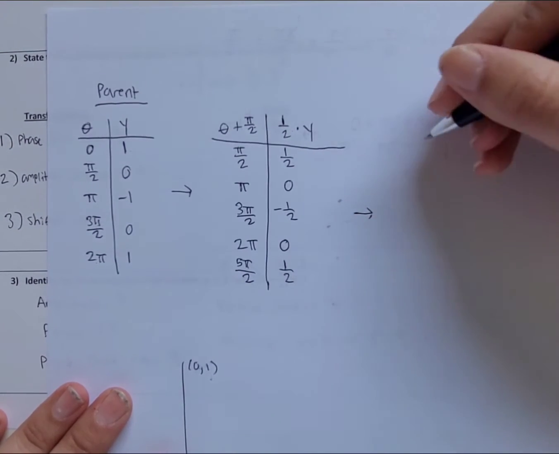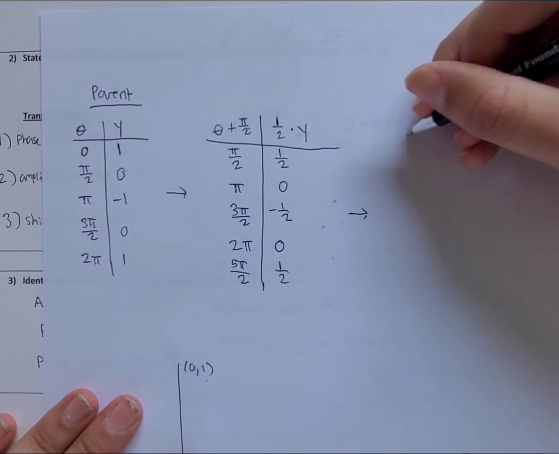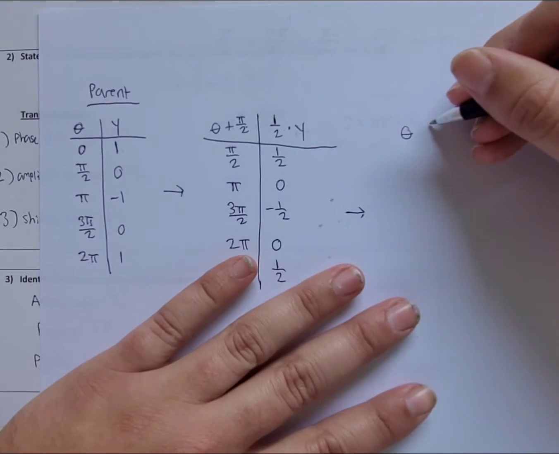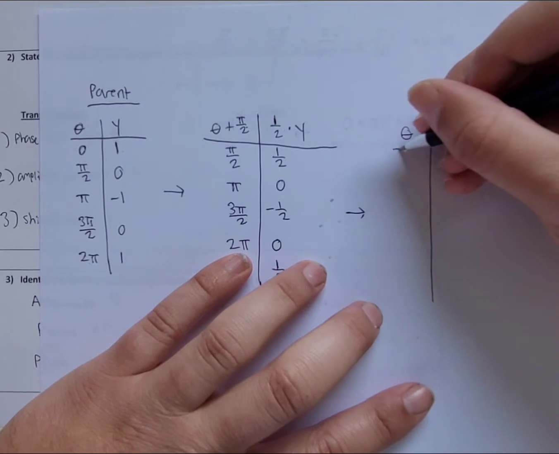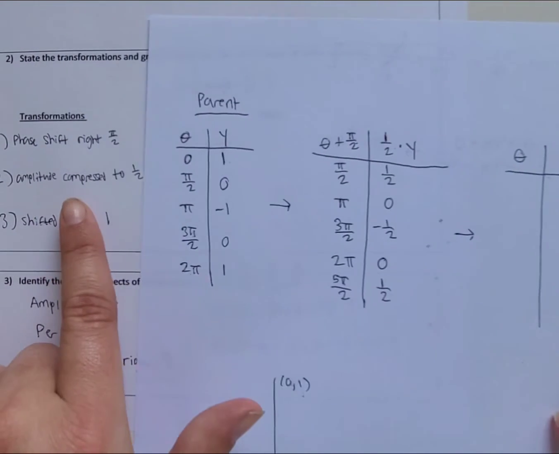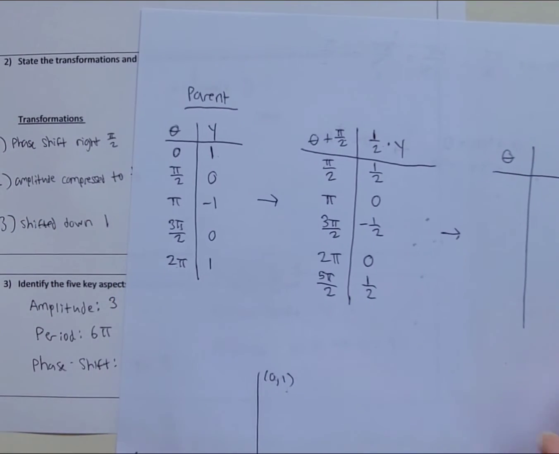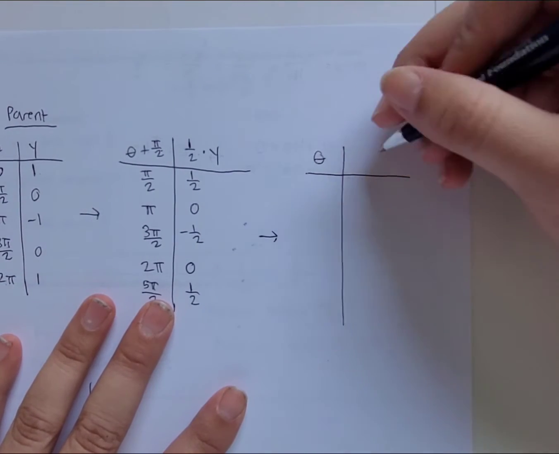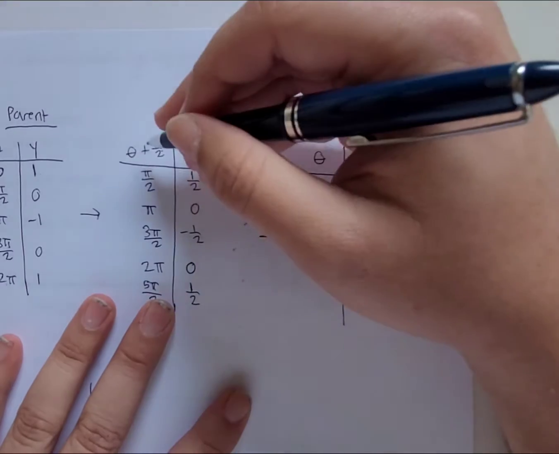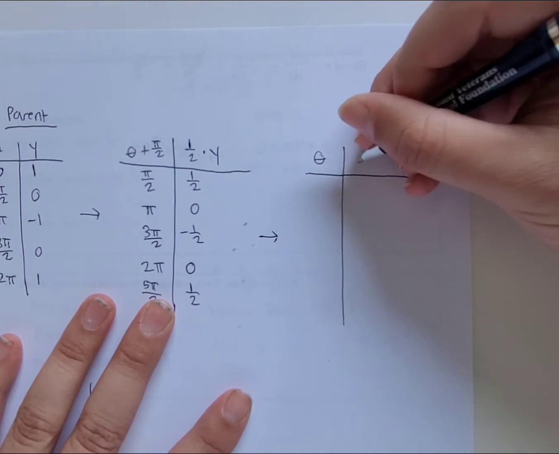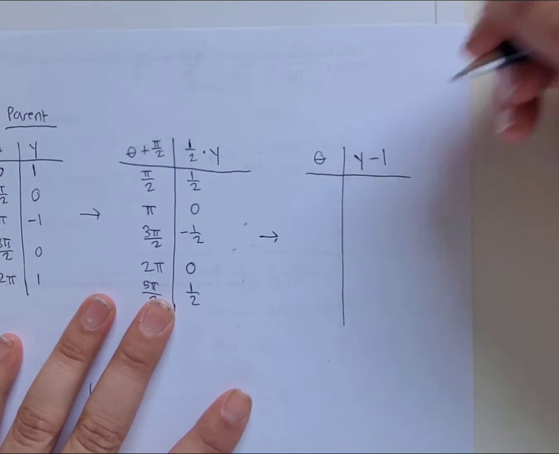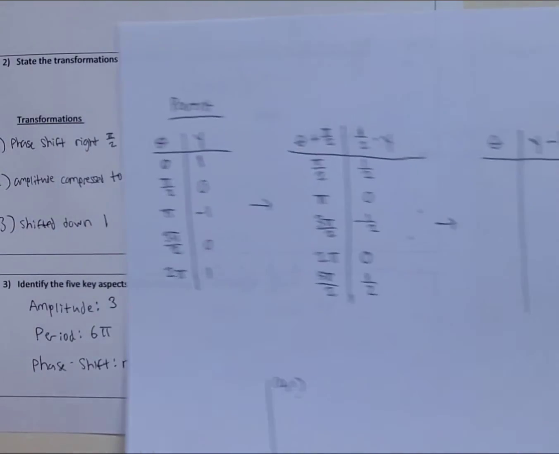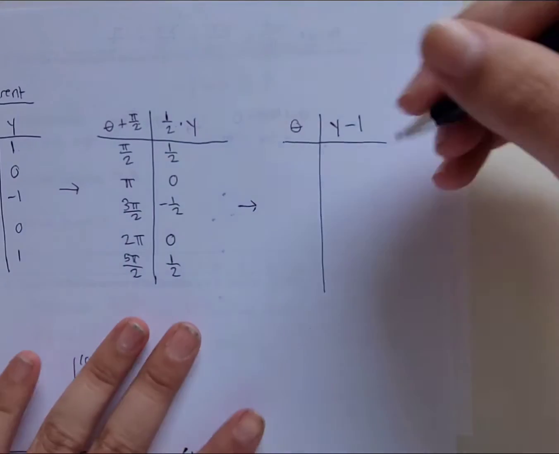But this isn't our final table because we need to apply one more vertical transformation. I applied all the transformations to my theta value, so in this final table the theta is going to be the same as this table. But now my y is being shifted down 1, so I need to subtract 1 from my y values.